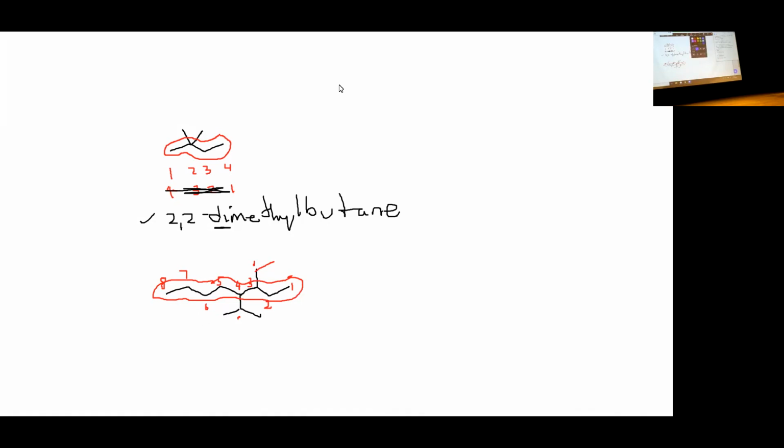Let me go back to black since it's easier to see. 3-ethyl-4-isopropyloctane for 8 carbons. And again, this to me is the more difficult direction, going from the structure to the name. I find that going from the name to the structure is easier.